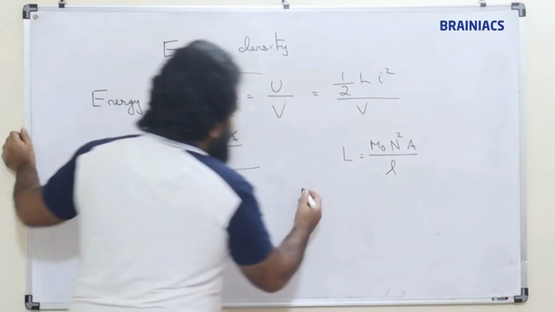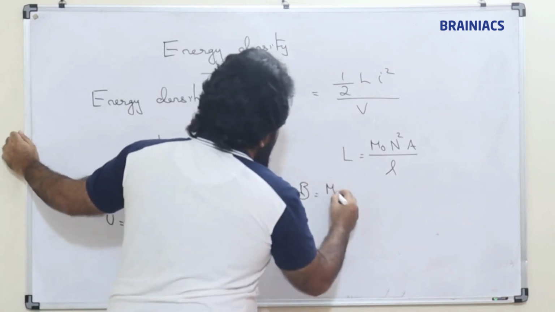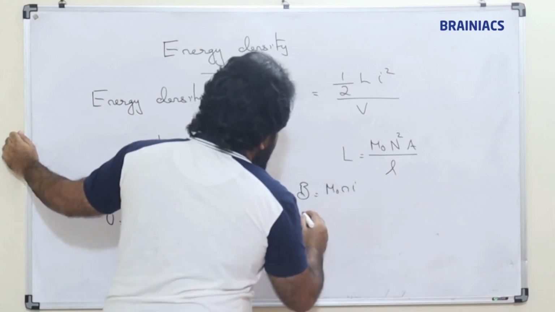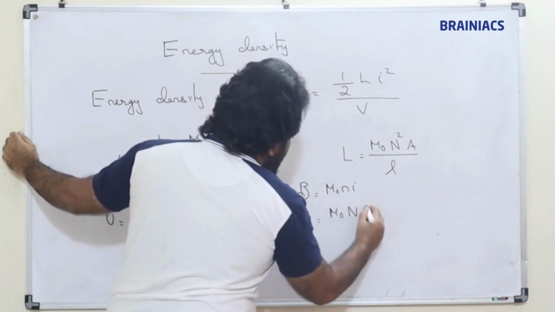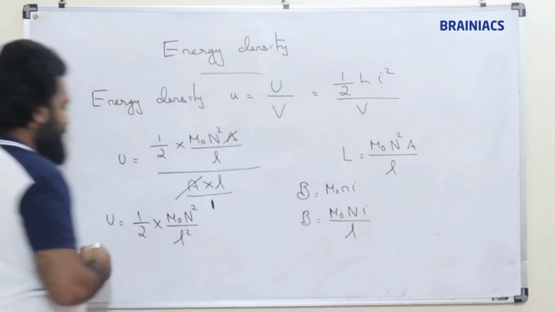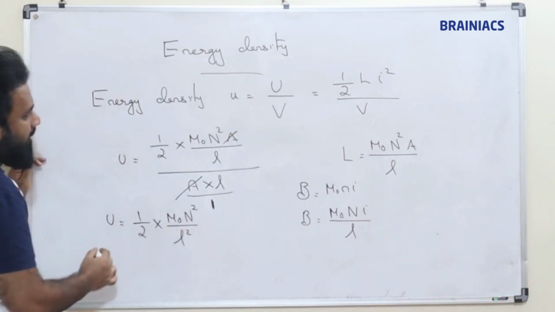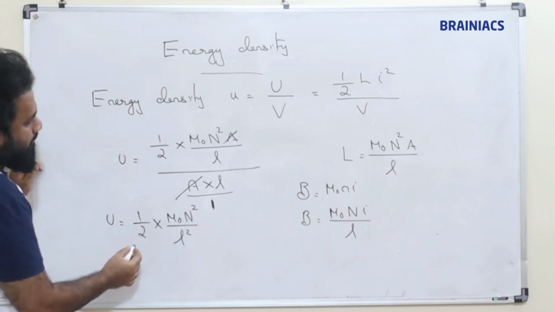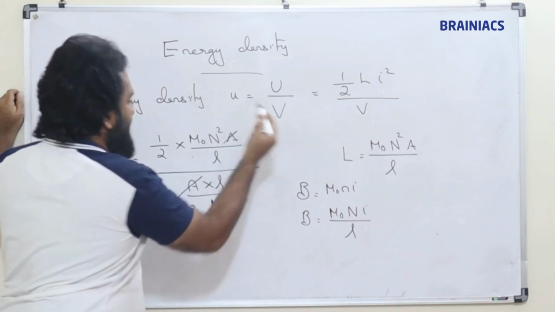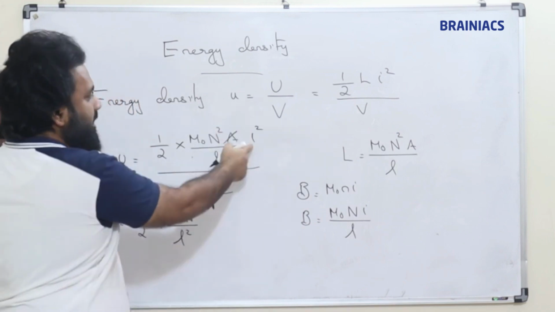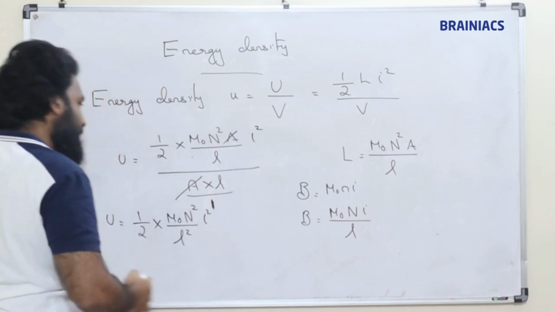Now we know the magnetic field inside the inductor or solenoid is mu 0 Ni divided by l. Here there is no I. Okay, I is there, yes, here I square. I missed I square here, students, please note. So here again I square is there.